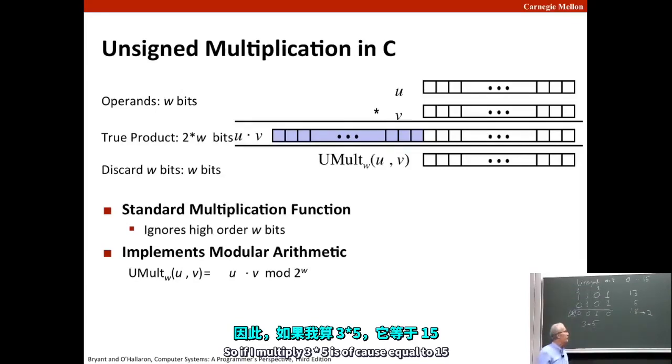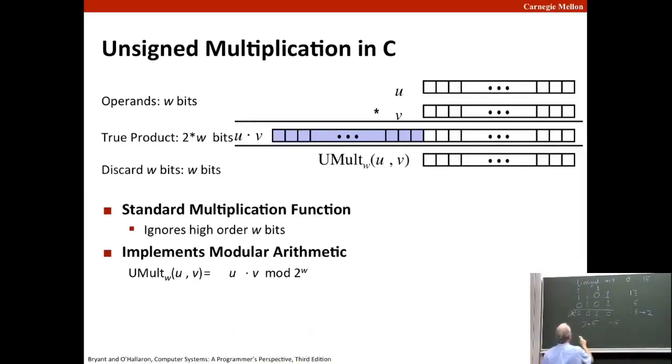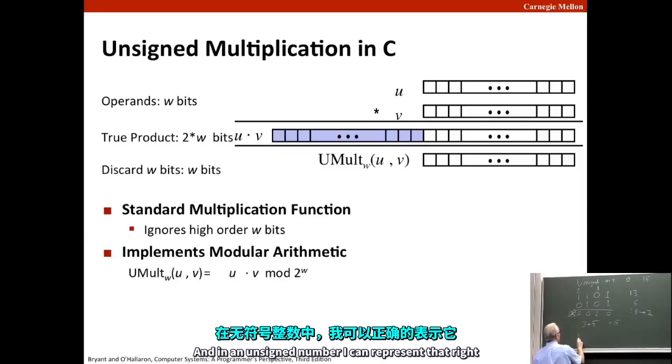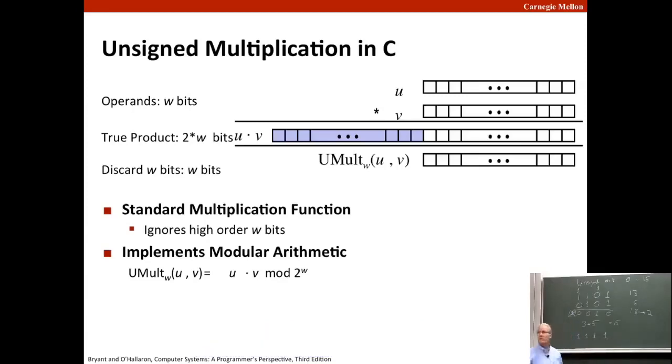So if I multiply 3 times 5, it is of course equal to 15. And in an unsigned number, I can represent that. Right? So that's OK.